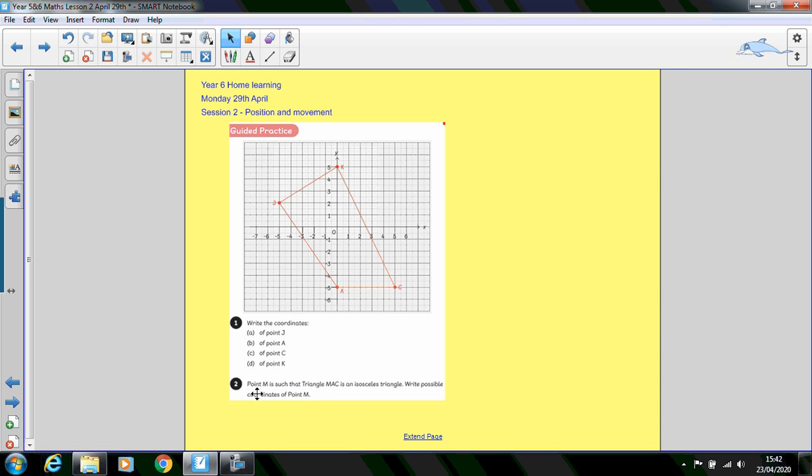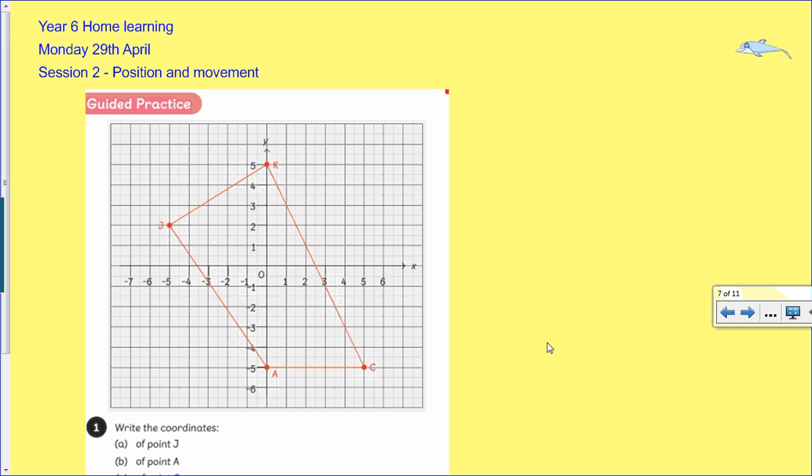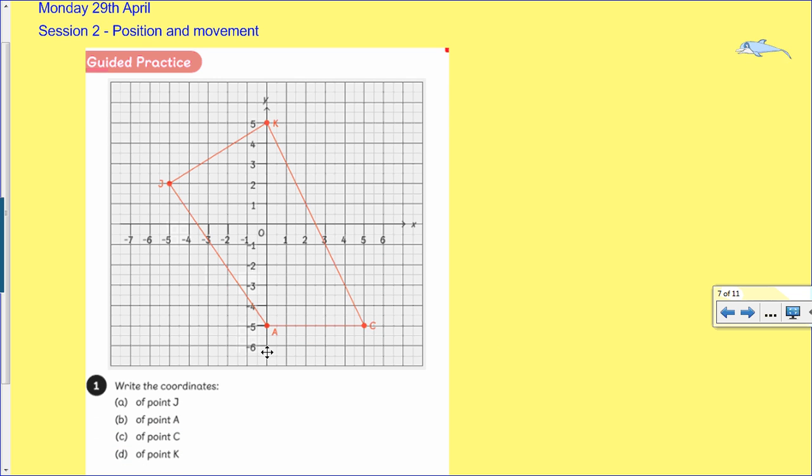Write the possible coordinates of point M. So if I zoom in again, just to make it full screen so that we're able to see, you've got to work out point M has got to come somewhere linked with these 2 points here to make an isosceles triangle. Remember, an isosceles triangle is one with 2 sides of the same length. Press pause on your video now and then have a go at those questions, please.